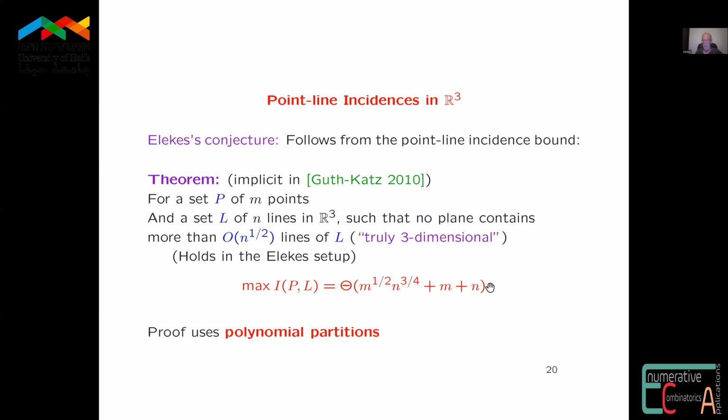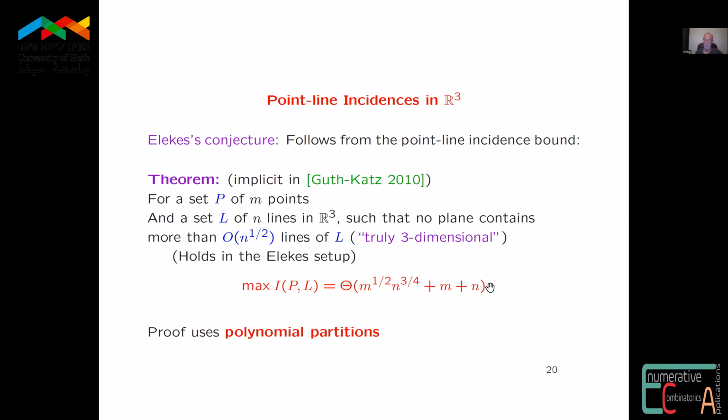It says that if you have m points and n lines in 3 dimensions, and no plane contains more than root n lines, then the maximum number of incidences between such points and lines is m^(1/2) n^(3/4) + m + n, which is also tight. And it's better than m^(2/3) n^(2/3) if you play with those fractions. And the proof uses polynomial partitioning.